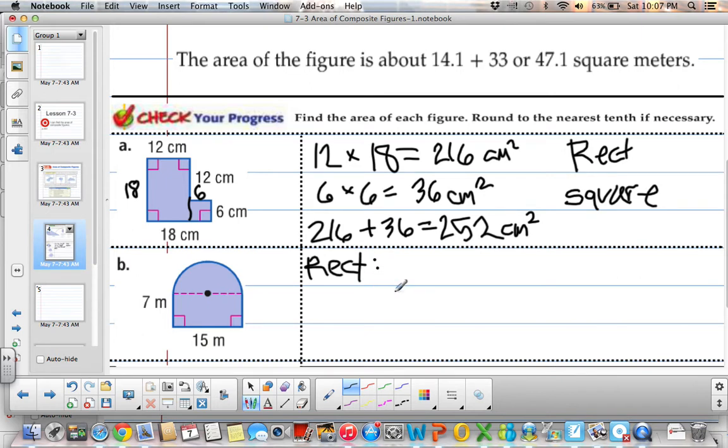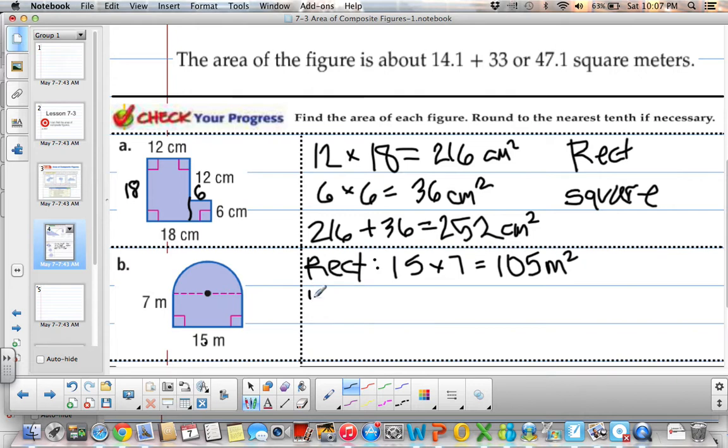The area of our rectangle is going to be 15 times 7. We get 15 times 7 equals 105 meters squared.